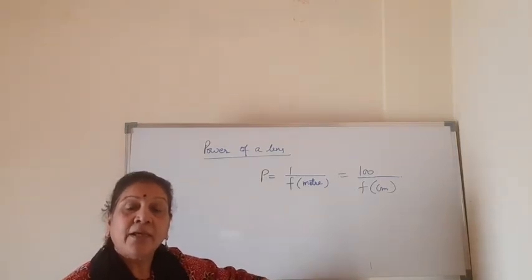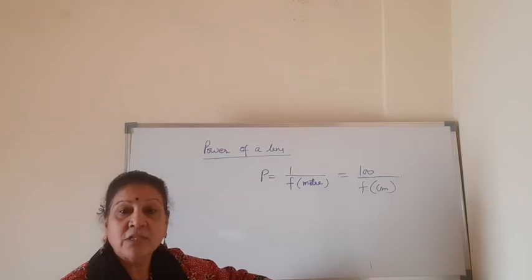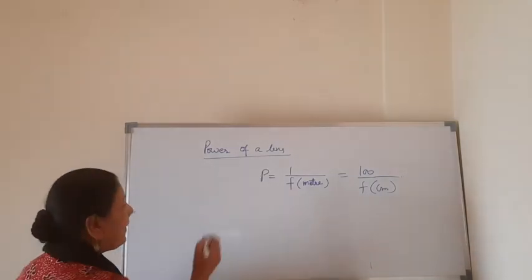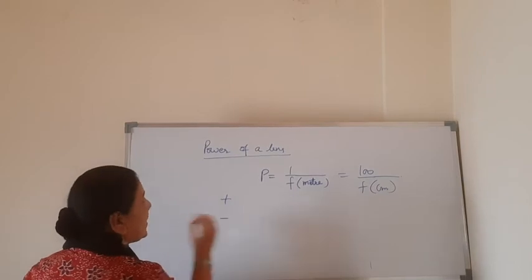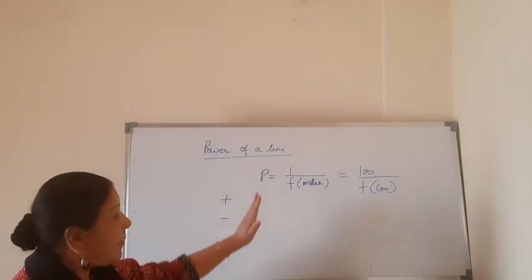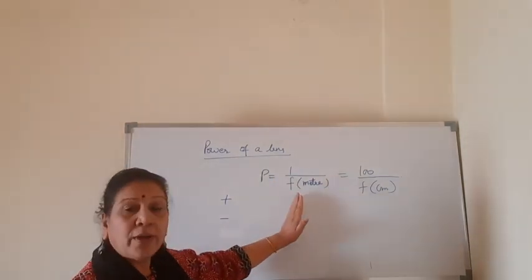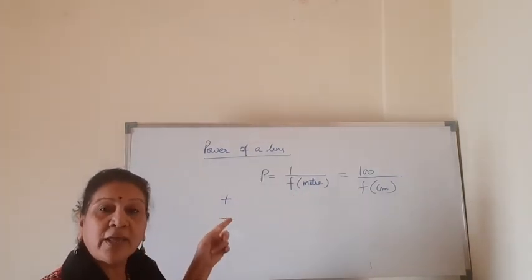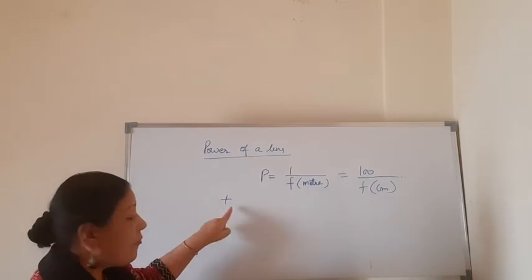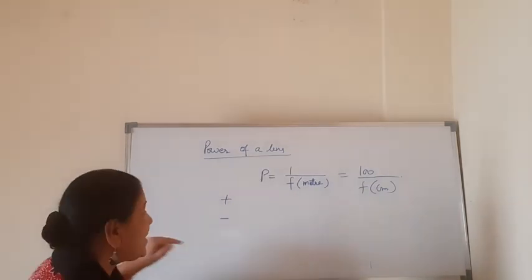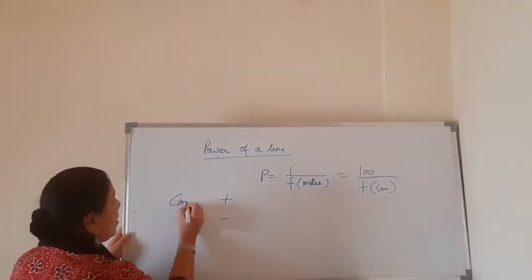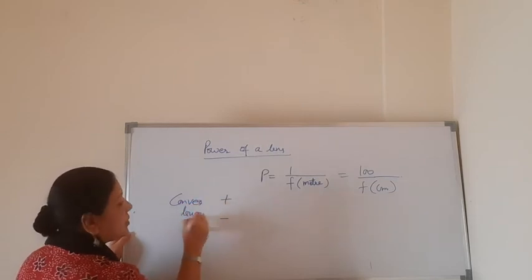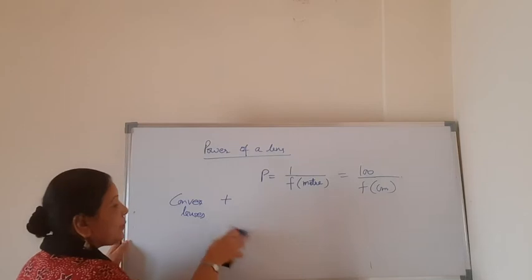You've seen the lenses or the specs, few of you must be using. So we have plus and minus powers. Because P is equal to 1 upon f, it depends on the focal length. Now, related to the focal length of concave and convex lenses: for convex lenses, the focal length is always positive.